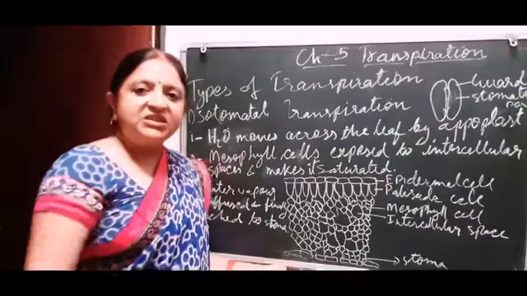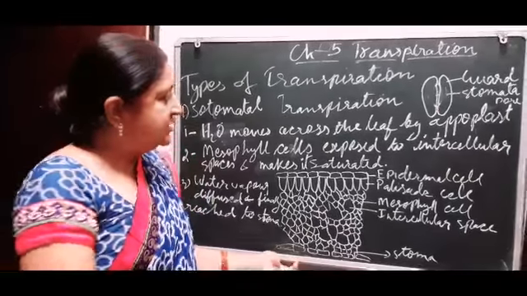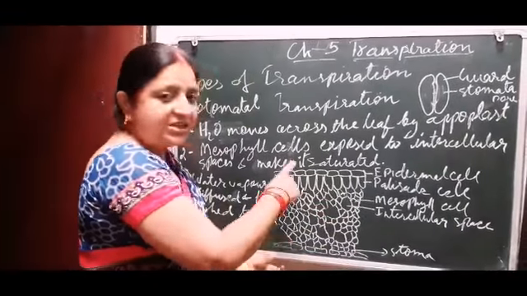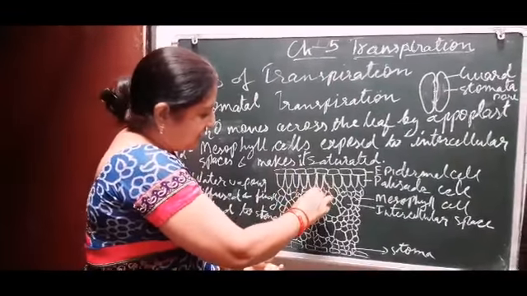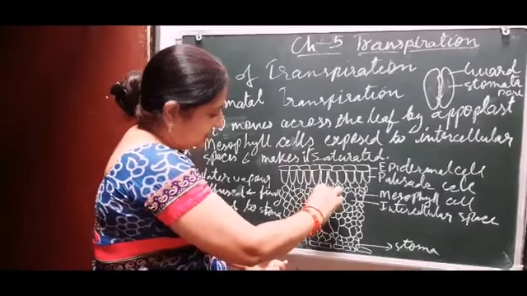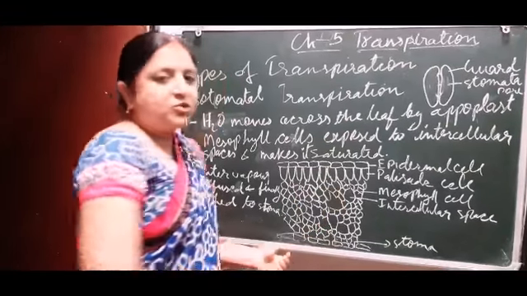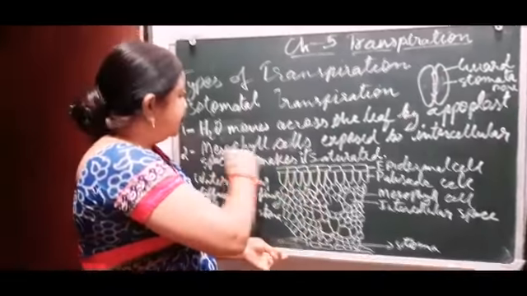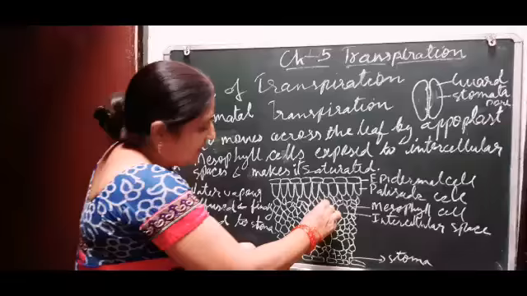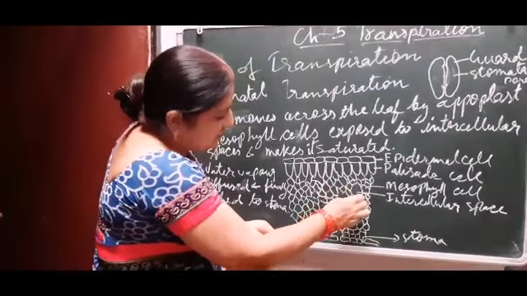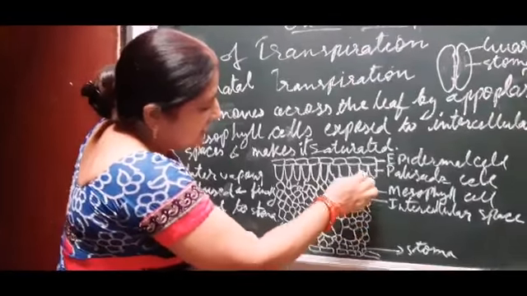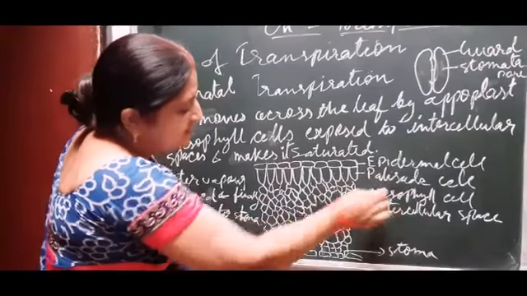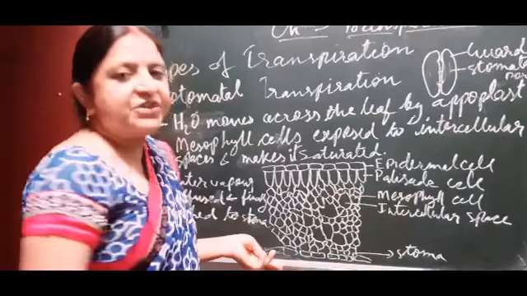Water comes from the xylem, and in the leaf it moves across the apoplast through the walls of the cells, and finally reaches the mesophyll cells. These are the palisade cells, and these are the spongy mesophyll cells.